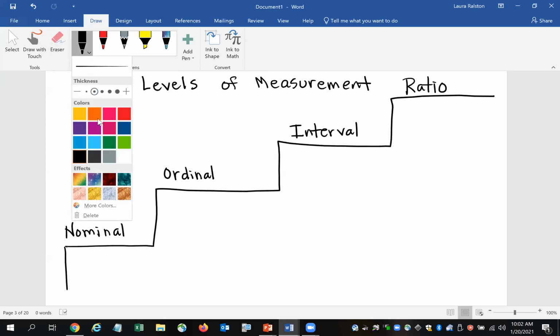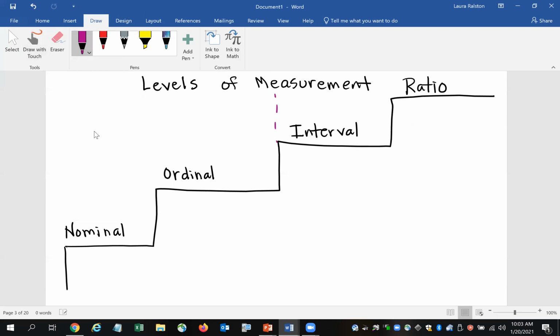Let me make one connection at this point. If there are 4 steps, and you divide the steps in half, between ordinal and interval, you've got 2 steps below the line and 2 steps above the line. The first 2 steps correspond to data that is qualitative. So if you're on level 1, which is nominal, or level 2, which is ordinal, you're going to have qualitative data.